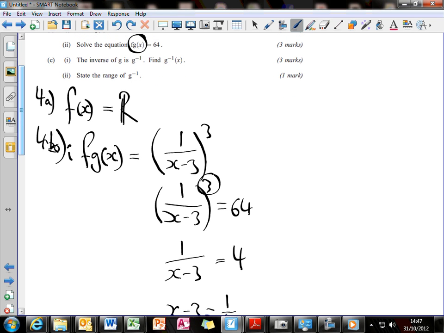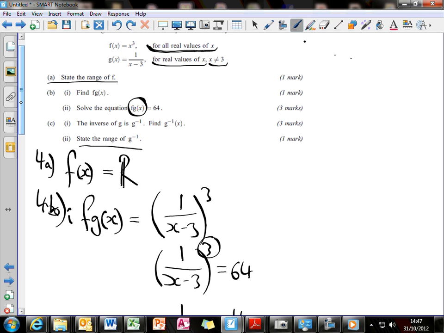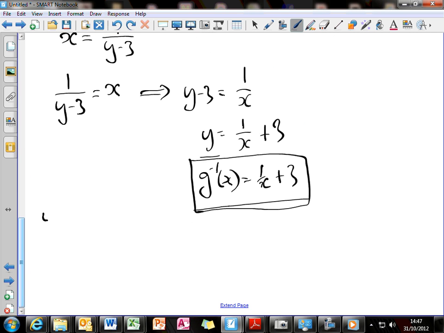So the range of g to the minus 1 of x will be the domain of g, and the domain of g is all real values of x apart from 3. So we can say for 4b part 2 that g to the minus 1 of x cannot be 3. And that's that question.